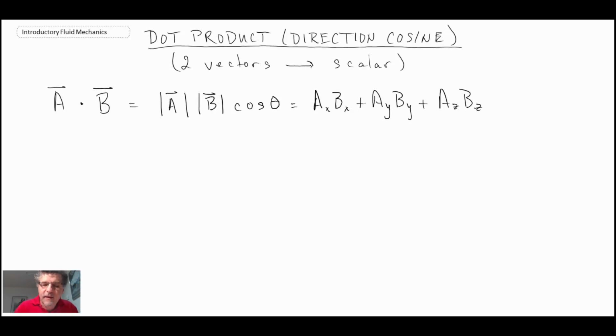So that is the dot product. What we're doing here, we would take the magnitude of A multiplied by the magnitude of B multiplied by cos theta, and I'll draw a picture in a moment, but theta is the angle between the two vectors A and B. So let's take an example, one that we often use in fluid mechanics, and that is mass flow through a surface.